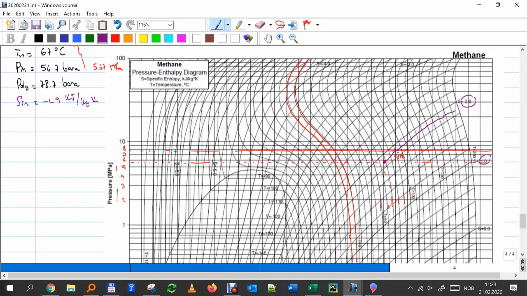And then what temperature do I have? I end up in this point, and the temperature of that point is T out, which I call ideal, and that is 50, 60, 70, 80, 90. T out ideal is approximately 90 degrees Celsius.